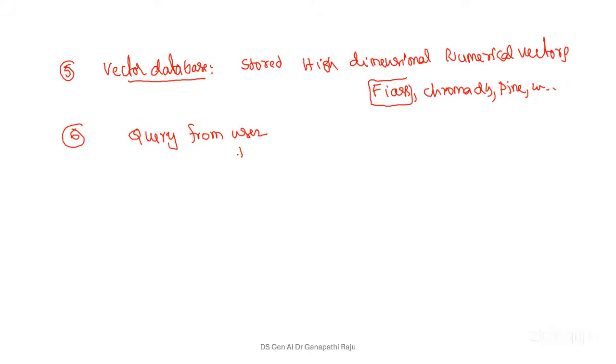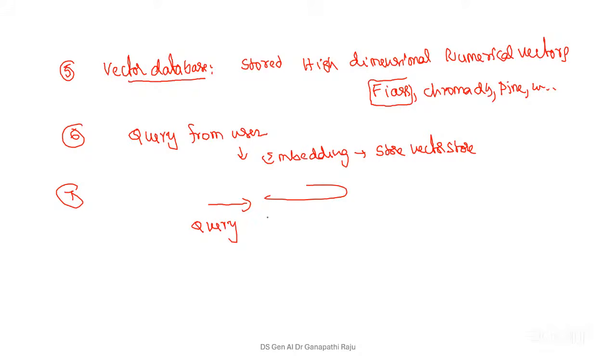Then this query will also go through embedding. Then the query will also be stored in the vector store. Then the seventh step: now our query will be searched in the vector store.